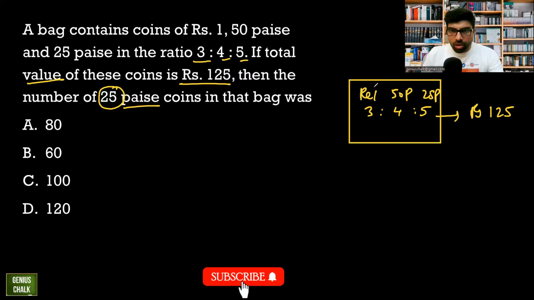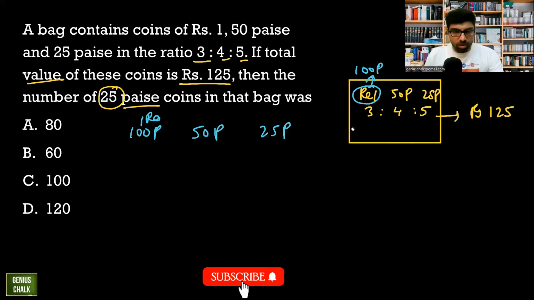So convert this all into paisa. Rupee 1 means 100 paisa. So write like this: 100 paisa, basically 1 rupee, then 50 paisa, then 25 paisa. Write the denominations first.